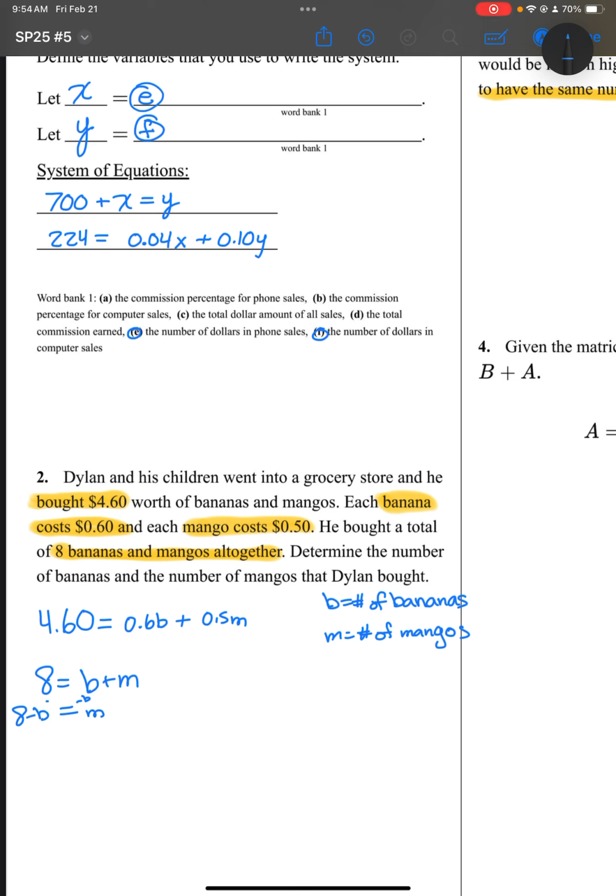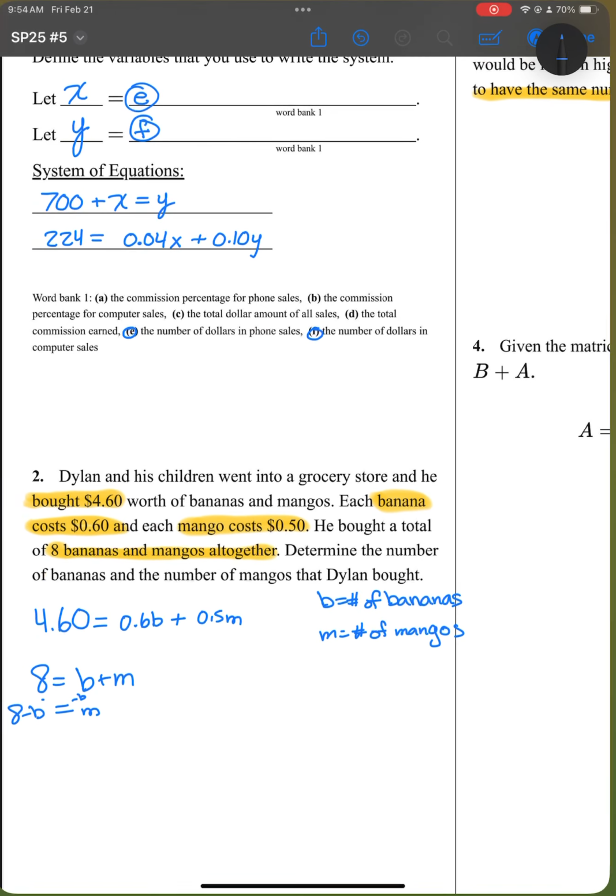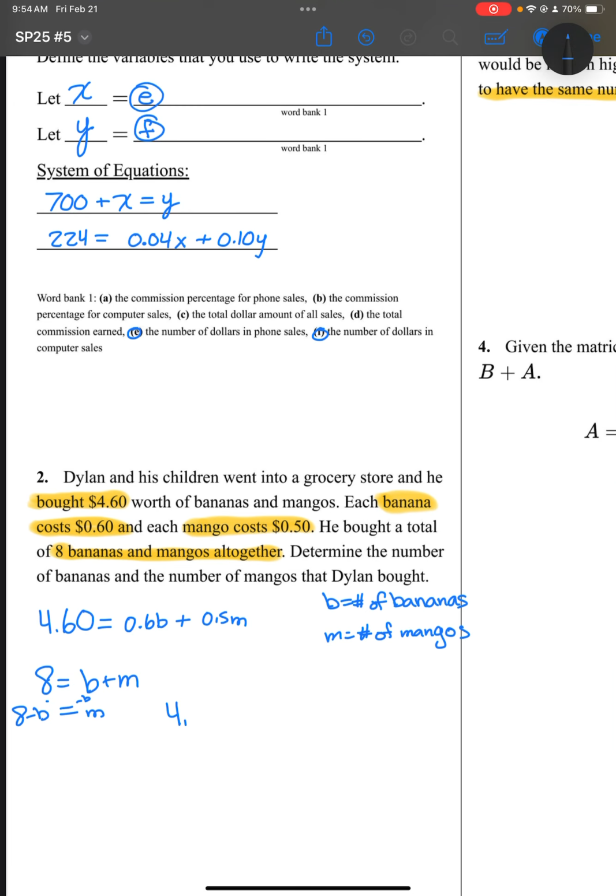So that means anytime I see an M in the other equation, I just plug in with 8 minus B. So we're going to bring this down to here. We have $4.60 is equaling, our B stays the same. We still have this B plus our 0.5 times 8 minus B. Now let's distribute that side. So 460 stays the same.